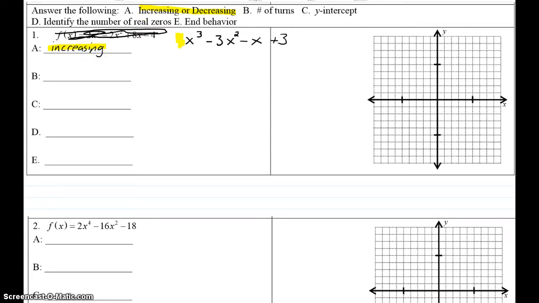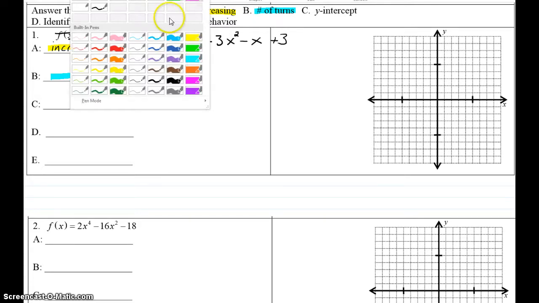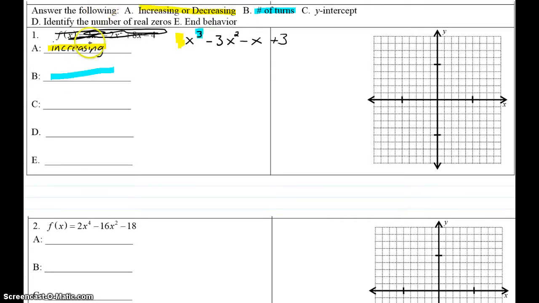Next we're going to look at the number of turns. And the number of turns is determined by the degree. Since it's 3, we take 3 minus 1 gives us 2. So at most we're going to have 2 turns.